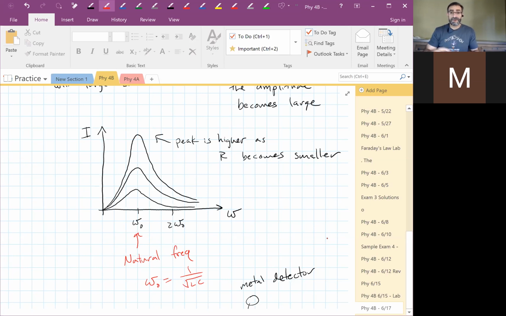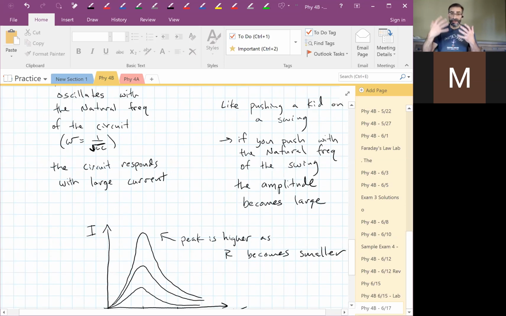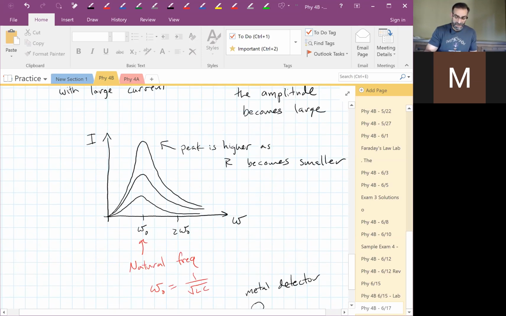Well, with the older analog electronics, you had a tunable capacitor, where the plates were aligned, and as you turn the knob, the plates overlap more or less. You're changing the area, so you're changing the capacitance.